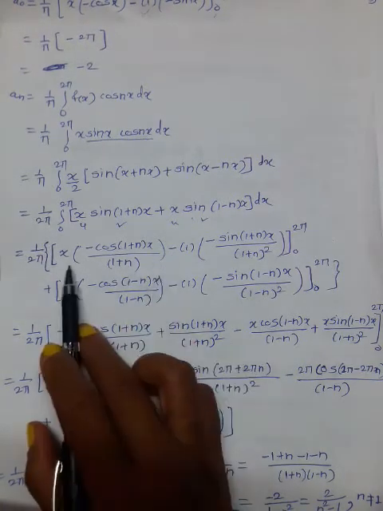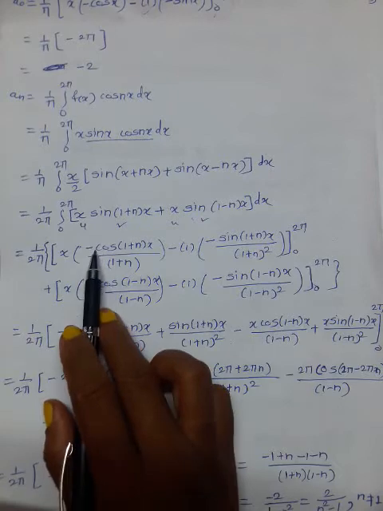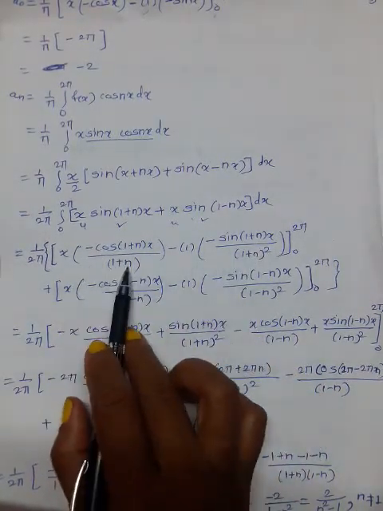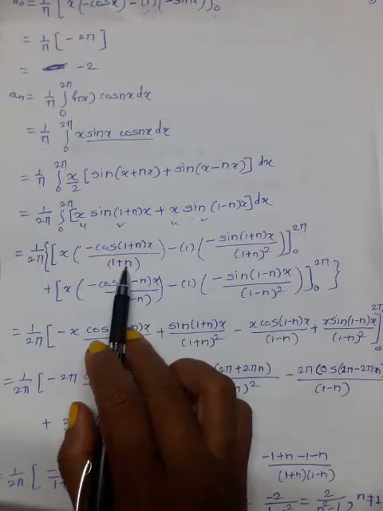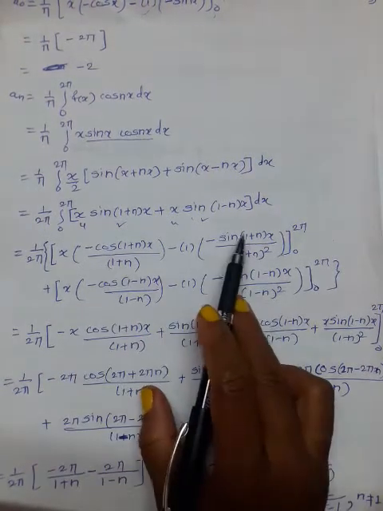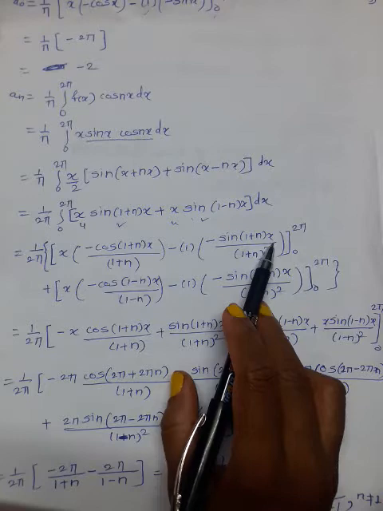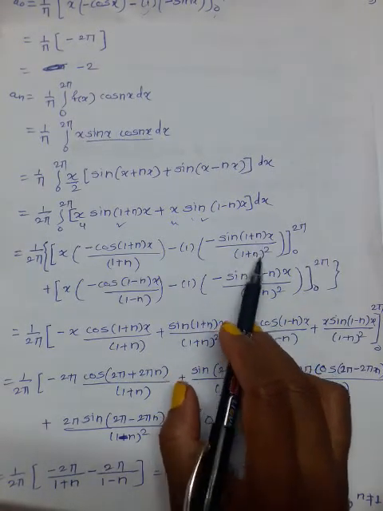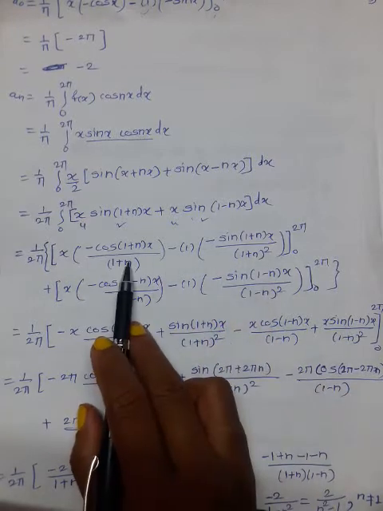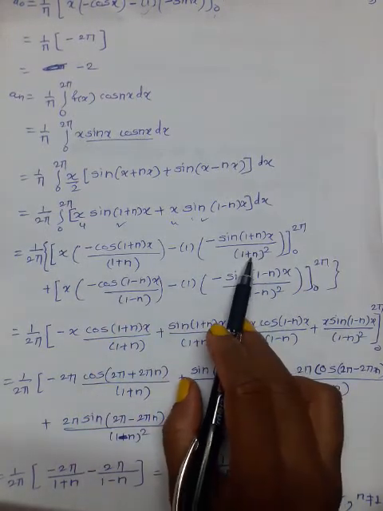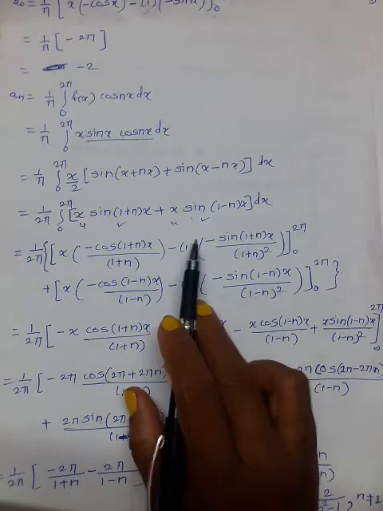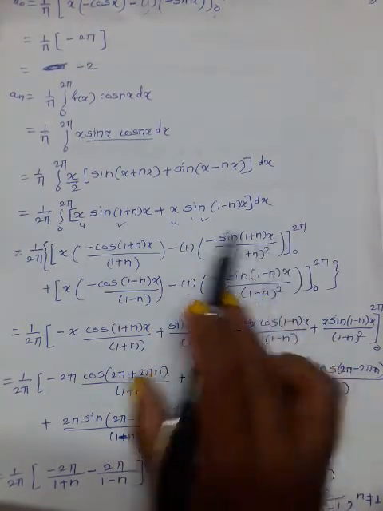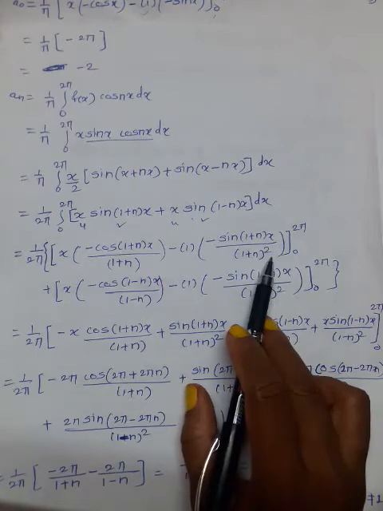Now minus x derivative is 1, minus as it is this term's integration: minus n, 1 upon 1 plus n is constant. Cos integration is sin (1 plus n) x divided by the angle derivative 1 plus n. Already 1 plus n is there, that's why it becomes (1 plus n) squared. Next term will be 0 because the derivative of 1 is 0. That's why the first integration is complete here.